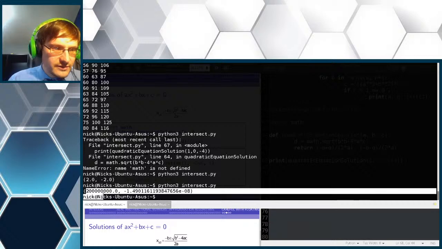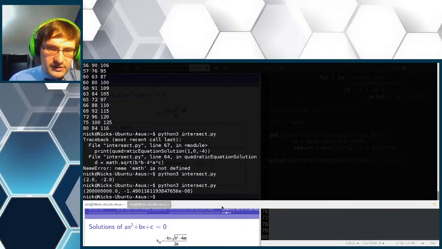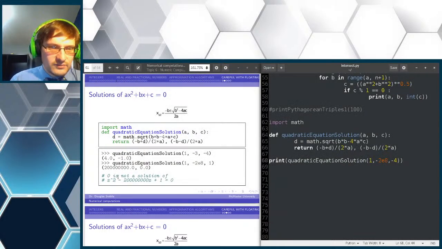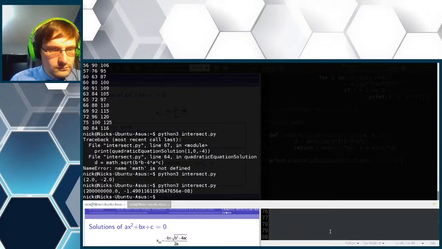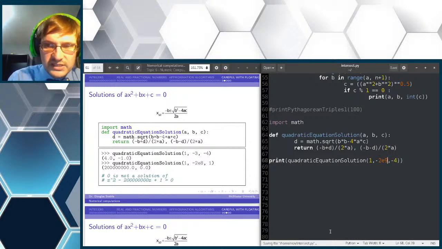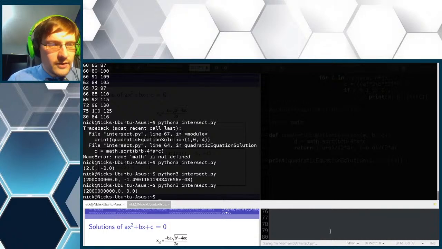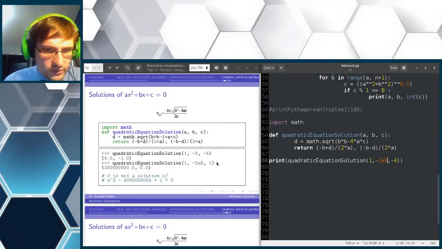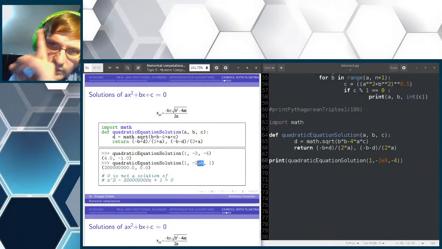We get these two numbers, which is interesting because, well, that's interesting. It's not actually matching up with what the slides say. There we go. That's better. You have to push it one more.